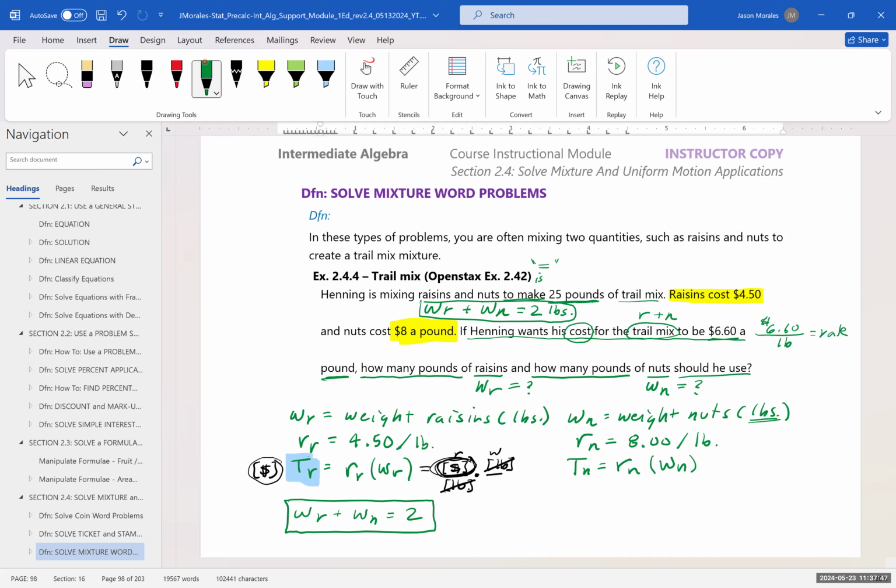So the rate for raisins and nuts is $6.60 per pound. That's another relationship we've got: the rate of raisins plus nuts is $6.60.